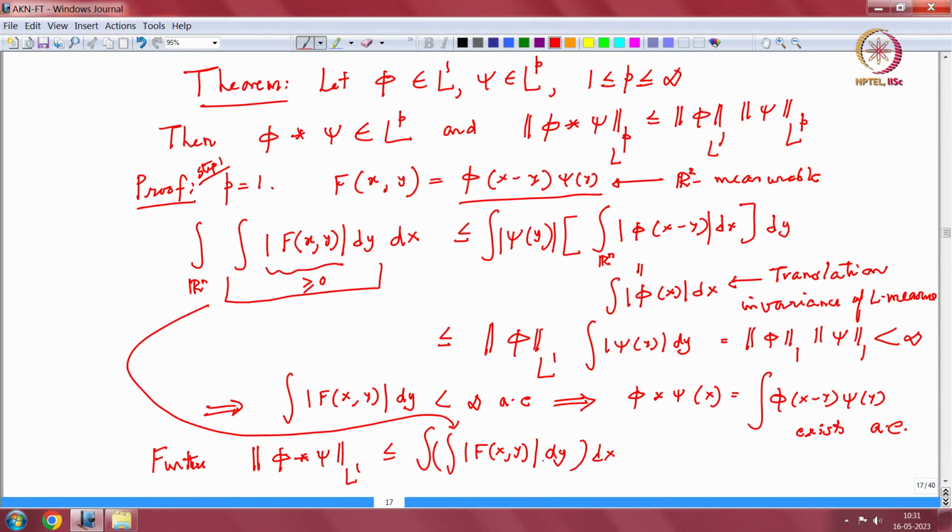That modulus is estimated with this, and that is estimated from here. So, this implies it is less than or equal to the L1 norm of phi times the L1 norm of psi. So, that case is fine.